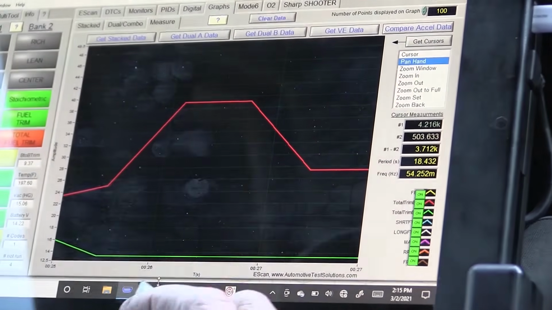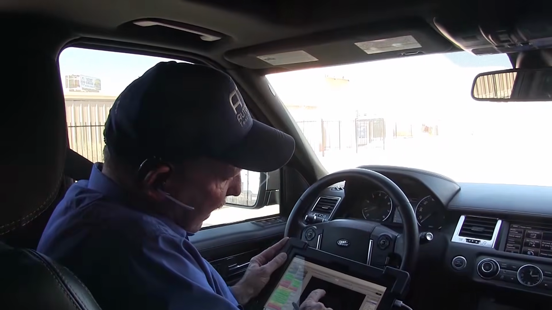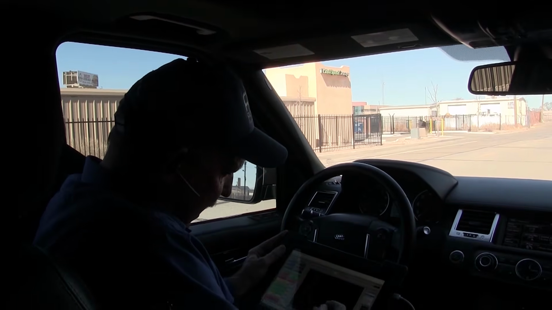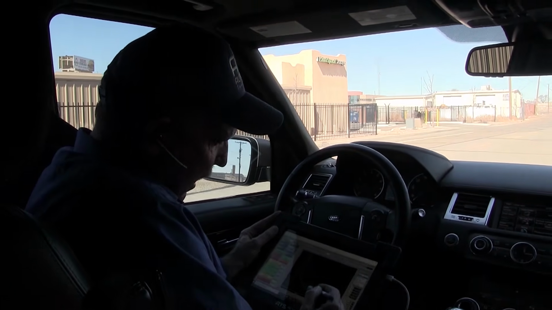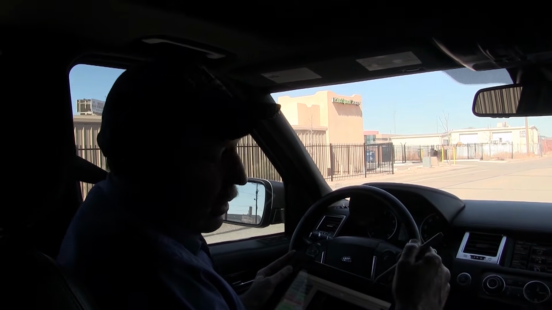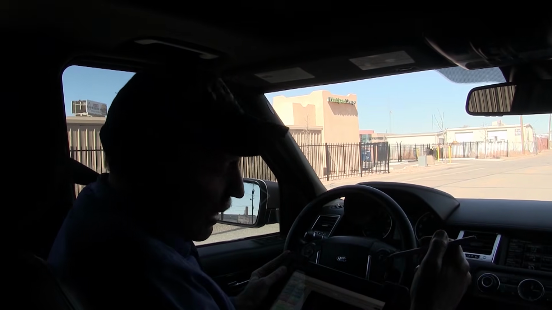That's 40%. So basically, I can see where I've got 40% trim, and the 40% trim came when I lost pressure. So I'm losing high pressure in the rail. Now, what that makes me think right away is I have a low pressure problem.